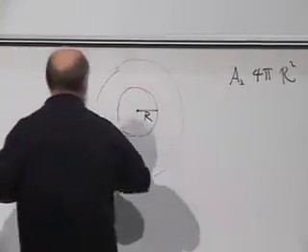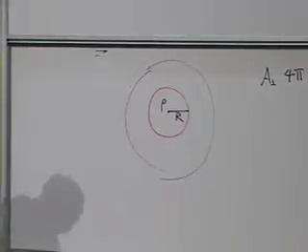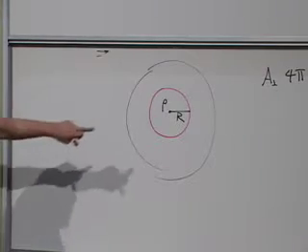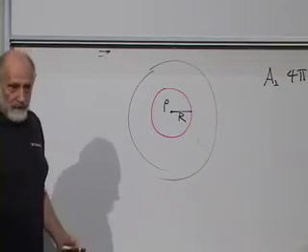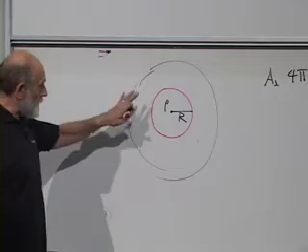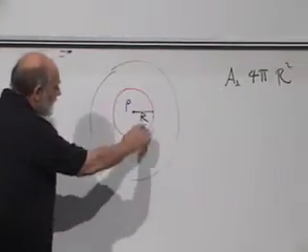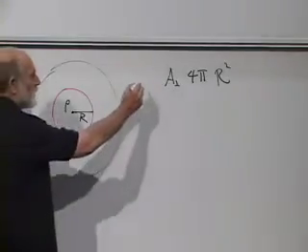A uniform mass per unit volume within the Earth. Then how much mass is inside this red region here? It's not the total mass of the Earth now. It's different. So let's calculate it. It's the volume of the sphere times the mass density.